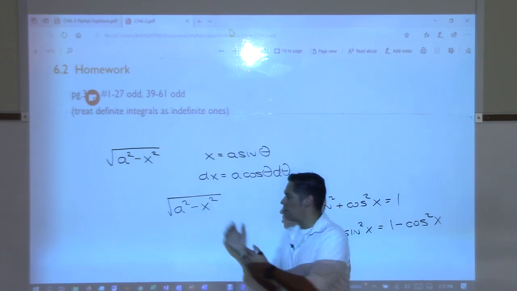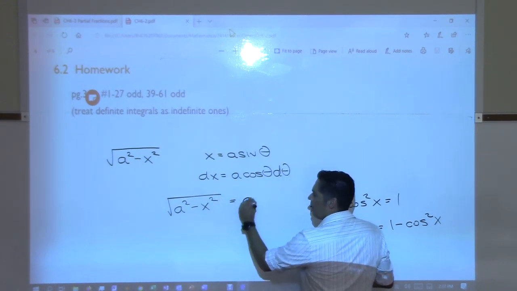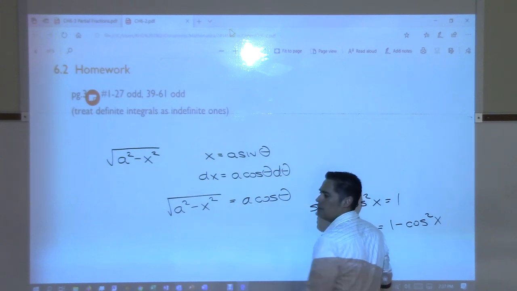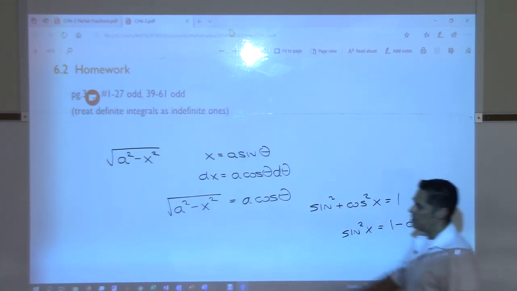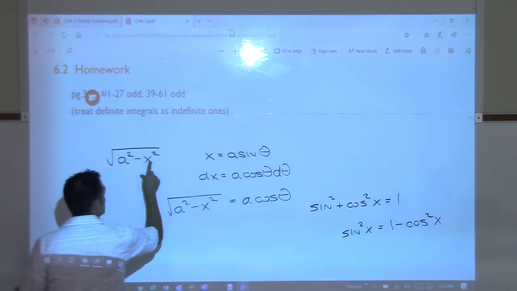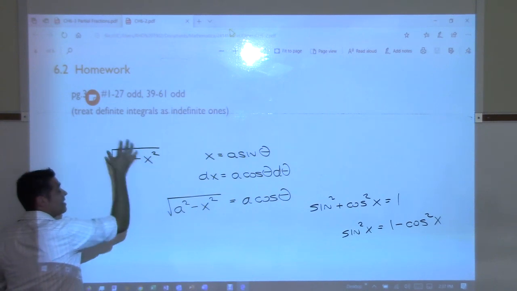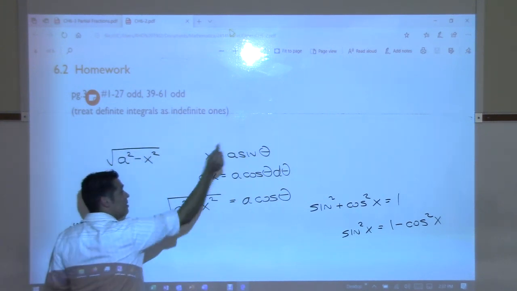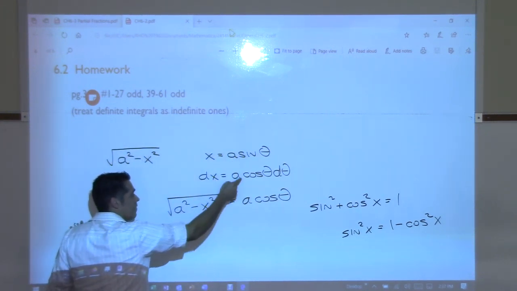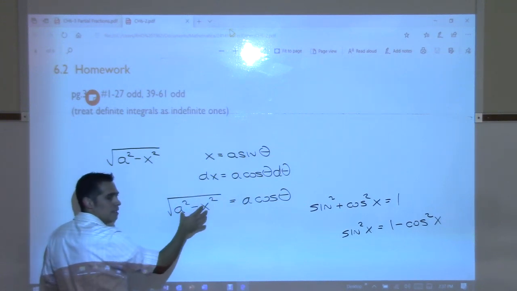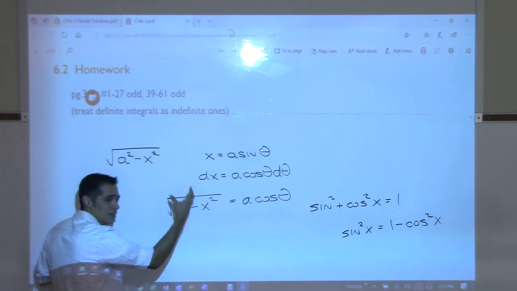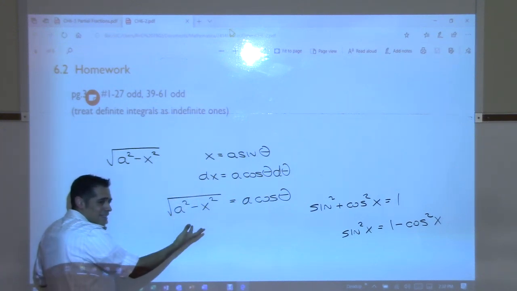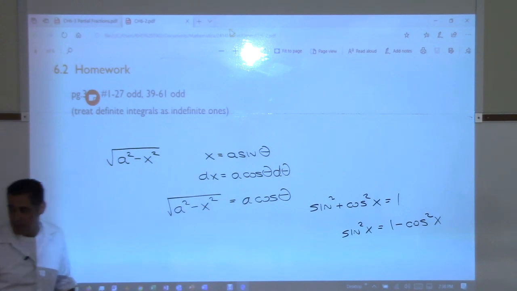So this should just turn into a cosine theta. Does that help at all? I don't know, everyone's kind of different. I'm seeing 1 minus cosine squared, and that means I'm going to be using sine as my trig sub, and then there's a derivative, and this is going to turn into cosine because if this is sine, 1 minus sine squared is going to be cosine. If not, then you just have to memorize it.